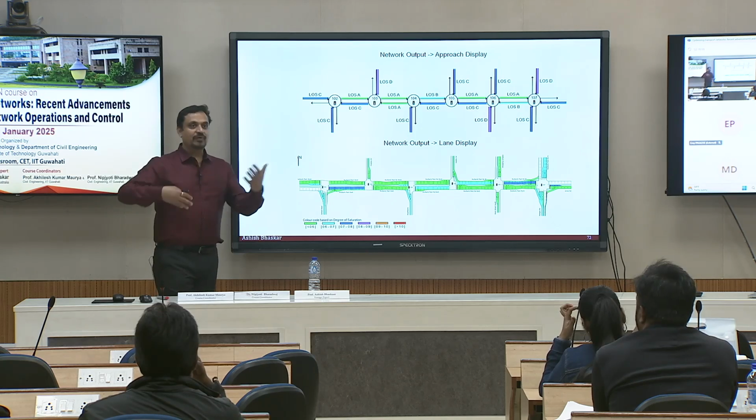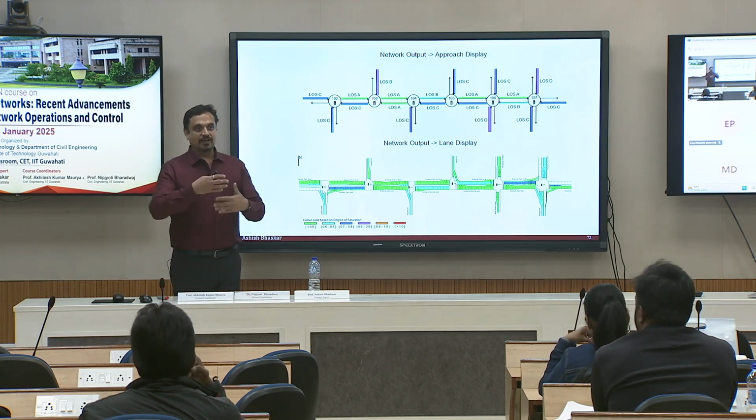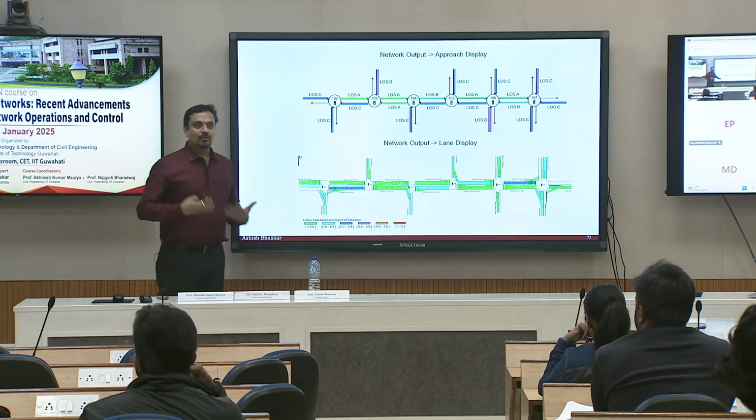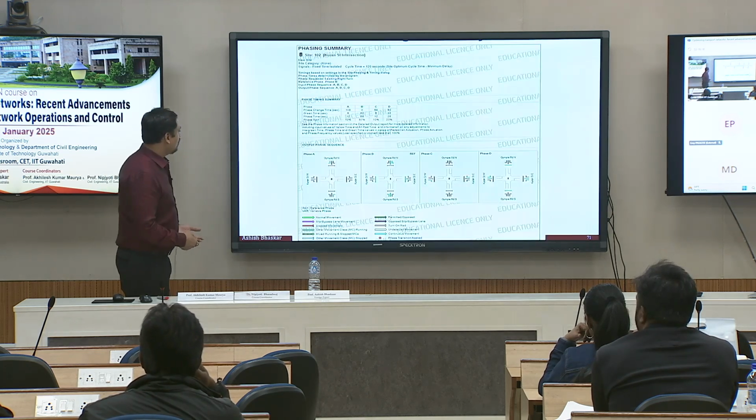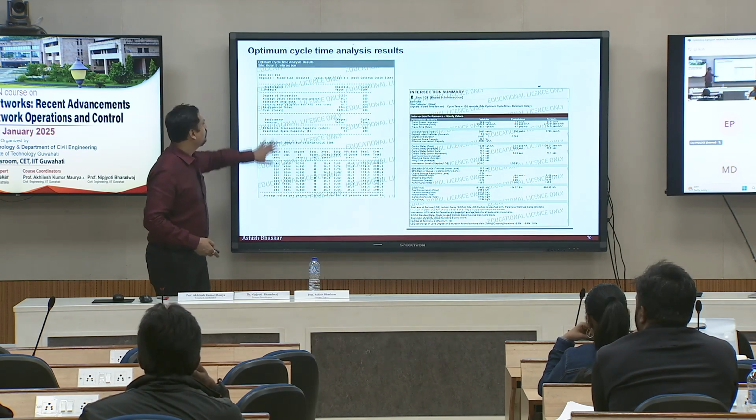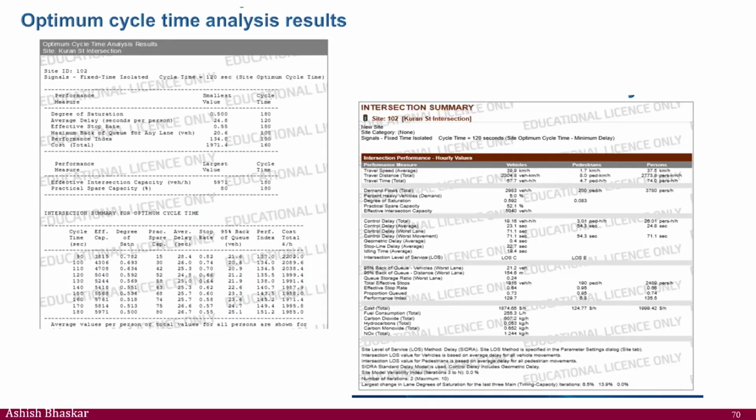You can think of doing some variations in that demand and running another one. You might get multiple optimal signal plans. And if I look here, different signal cycle times, for example, might have, let's say, average delay, 95% back of queue. Let's say they also have some performance index. You have different performance indicators in front of you.